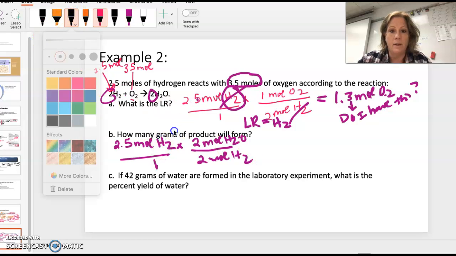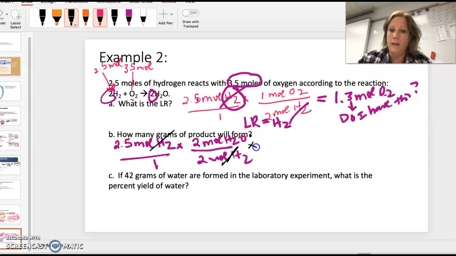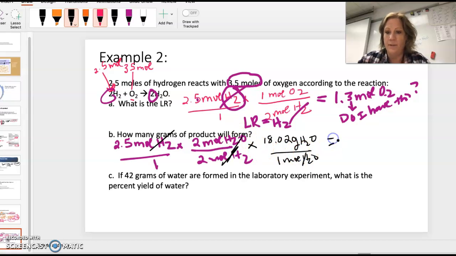So you can see that those moles cancel. And then I'm going to do molar mass, 18.02 grams of water in 1 mole of water. So once I do that, I get 45 with 2 sig figs, 45 grams of water.